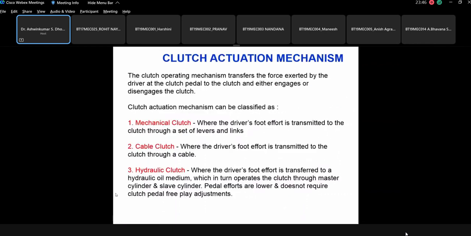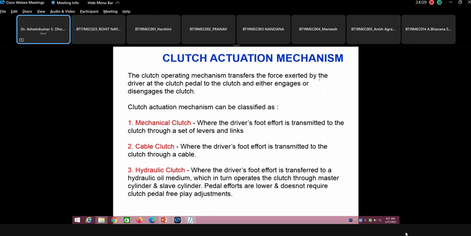Then the clutch actuation mechanism: the clutch operating mechanism transfers the force exerted by the driver at the clutch pedal to the clutch and either engages or disengages the clutch. The clutch actuation mechanism can be of three types: mechanical, cable clutch, and hydraulic clutch.